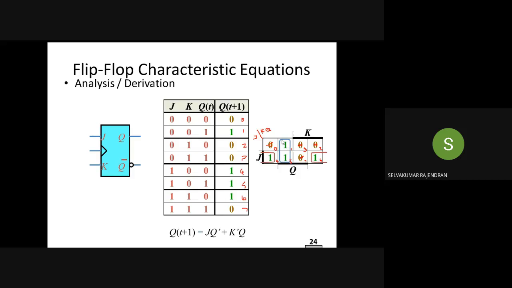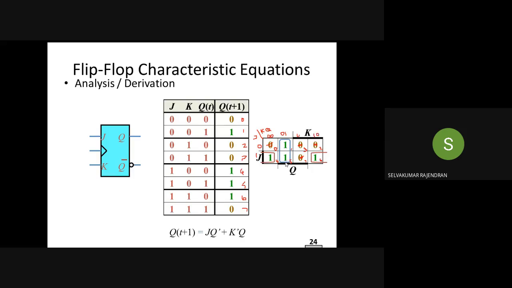Okay, so here this is one possible. These two ones are grouped. Here you can assume that 0, 1, right? Here J value is 0, 1, right? 0, 0. Here 1, 1, then 1, 0, right?